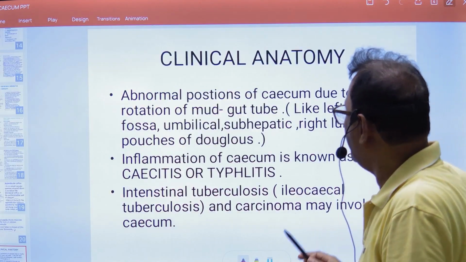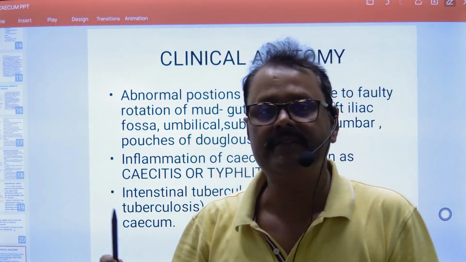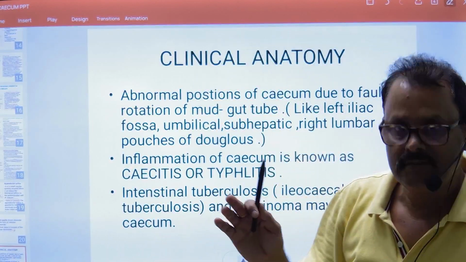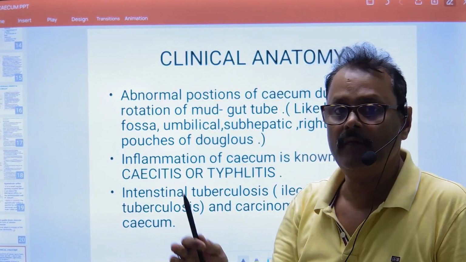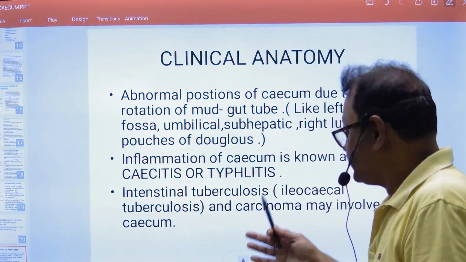Now regarding the clinical anatomy, the abnormal position. Normally, the cecum is situated in the right iliac fossa, above the iliopsoas, the genitofemoral nerve, the femoral nerve, the lateral cutaneous nerve of thigh, the gonadal vessels, and the external iliac artery.